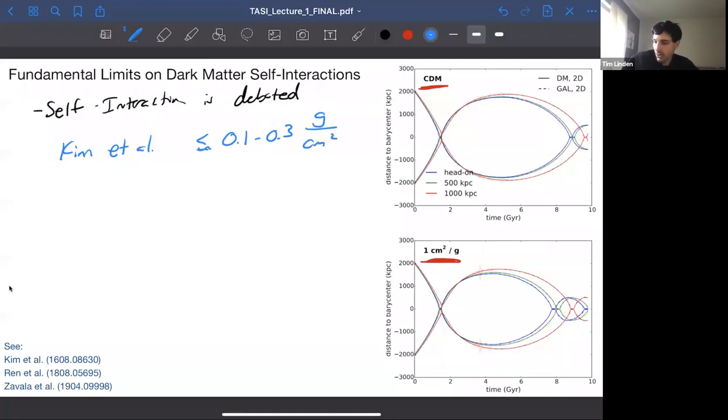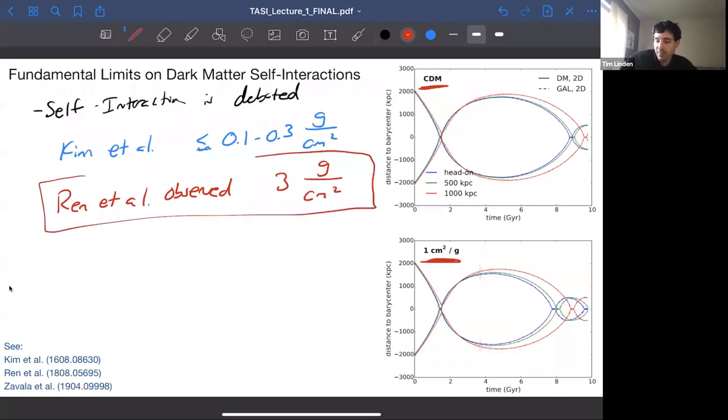Ren et al. look at simulations of steady state galaxies, which are also affected by the interactions of dark matter particles within them. And Ren et al. observe a self-interacting cross-section of around 3 grams per centimeter squared. So that would be a detection, if it holds up, of a new property of dark matter, which is not the standard cold dark matter profile.